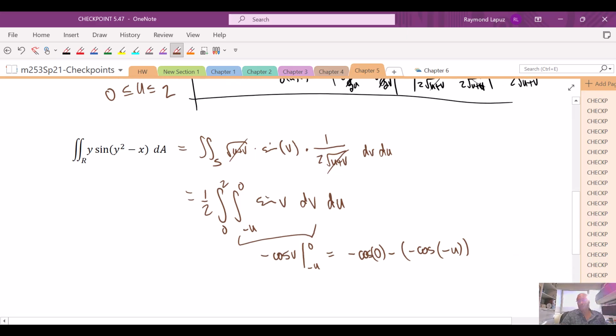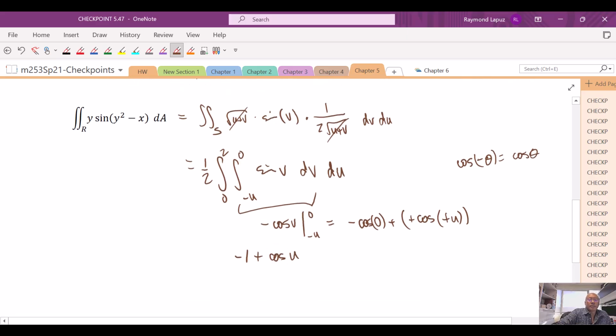Cosine is an even function, so the cosine of negative theta is equal to positive cosine of theta. So we can just knock this sign out, and these two will make it positive. And a cosine of 0 is 1. So I have a negative 1 plus cosine of positive u.